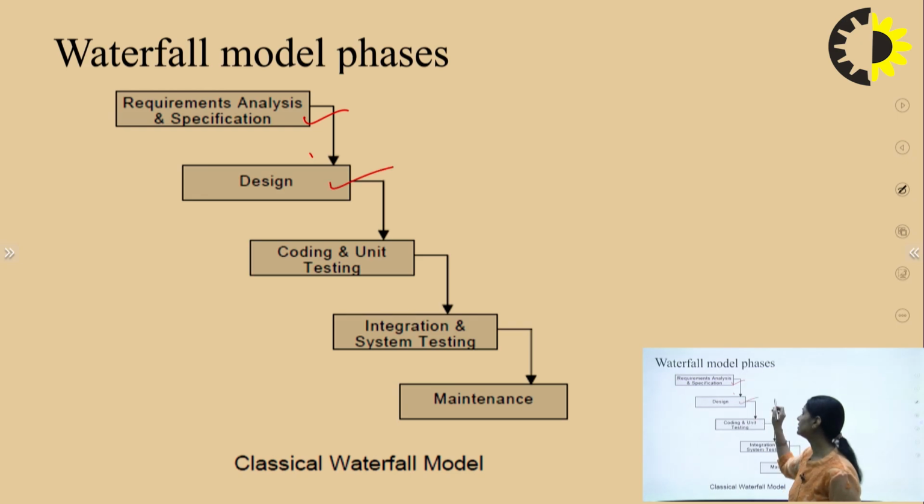The next phase is the design. The design phase includes designing all those diagrams which help in the coding part. That could include the DFDs, the ER diagrams, and the class diagrams in case we are using the object-oriented programming approach.